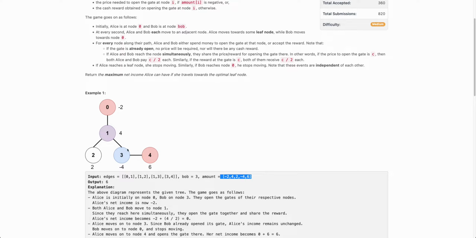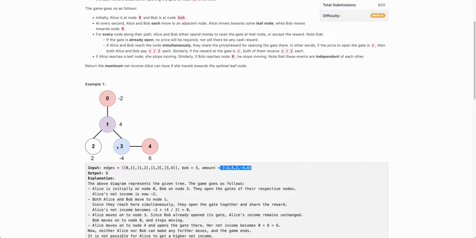Now there are two choices for Alice, either to go to 2 or to go to 3. If Alice goes to 2, then this was the path. Here Alice gains -2, here the gain was 2, and here also the gain was 2. So in total, if Alice chooses this path, the maximum income would be 2. The next alternative is that Alice takes this path.